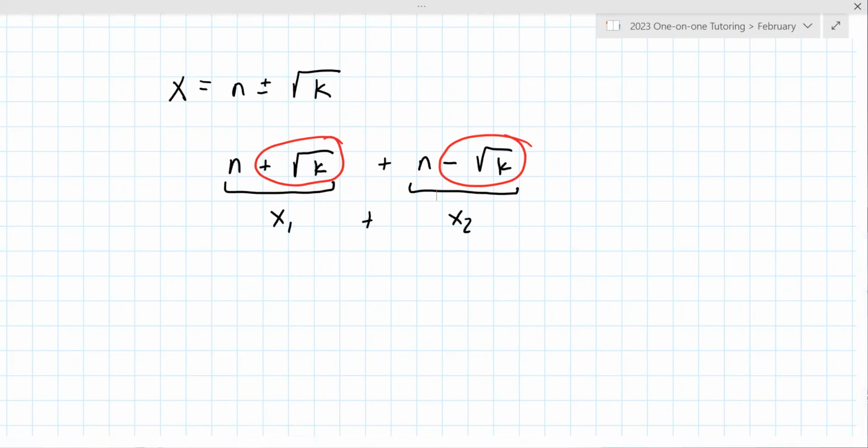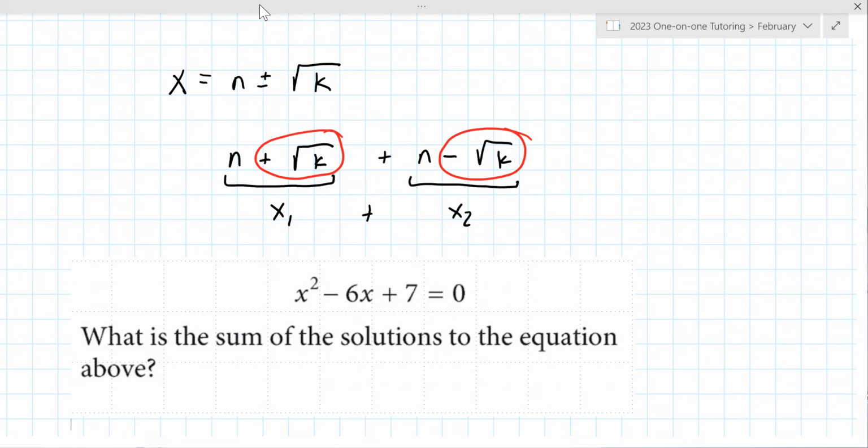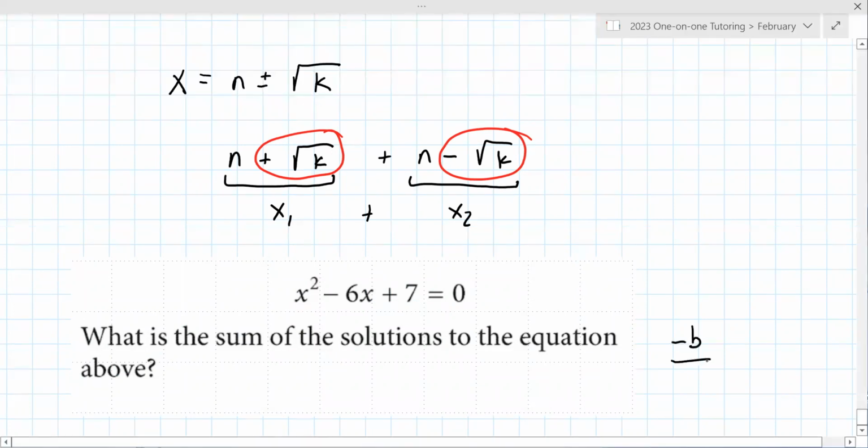It's really not a hard question, but if you know this thing about solutions, the solutions add up to whatever this thing is in front. Now, what is that thing in front? I'm kind of shortcutting here, but it's the minus b over 2a. But you have to double it, because that's the 2n. n plus n is 2n.